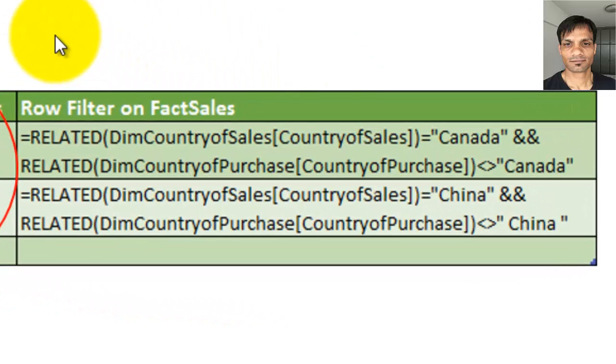We will need to use the RELATED function because these columns are not in the same table. So what I am going to do is first remove the existing row filter on the dim country of sales table, and then add a new row filter on the fact table, and in that row filter I will be using a RELATED function.